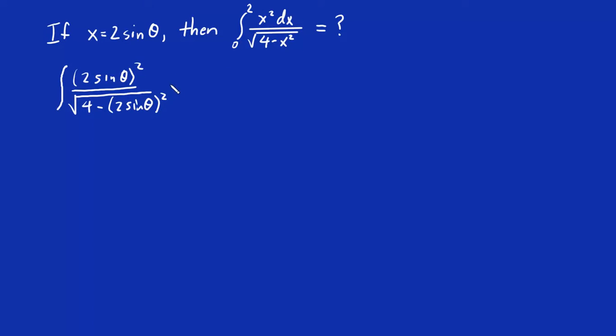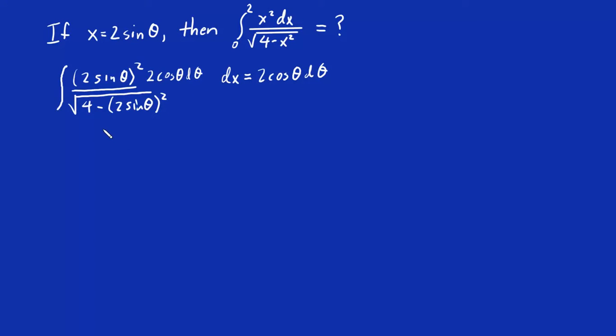And the dx, I don't want to write dx there because now that we're moving to the theta world, we should take dx d theta. So dx d theta is equal to 2 cosine theta. Because they give us x equals 2 sine theta, we can just substitute this in, so this is equal to 2 cosine theta d theta.